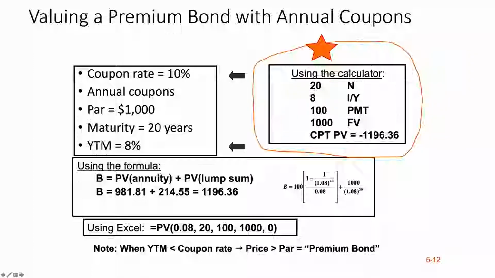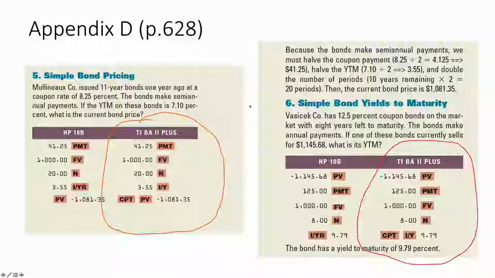A par bond's value is 1,000. That means coupon rate 10%, yield to maturity 10%. Now, we're going to use all 5 keys to calculate the bond pricing. Here, I'm going to show you Appendix D of your textbook on page 628.